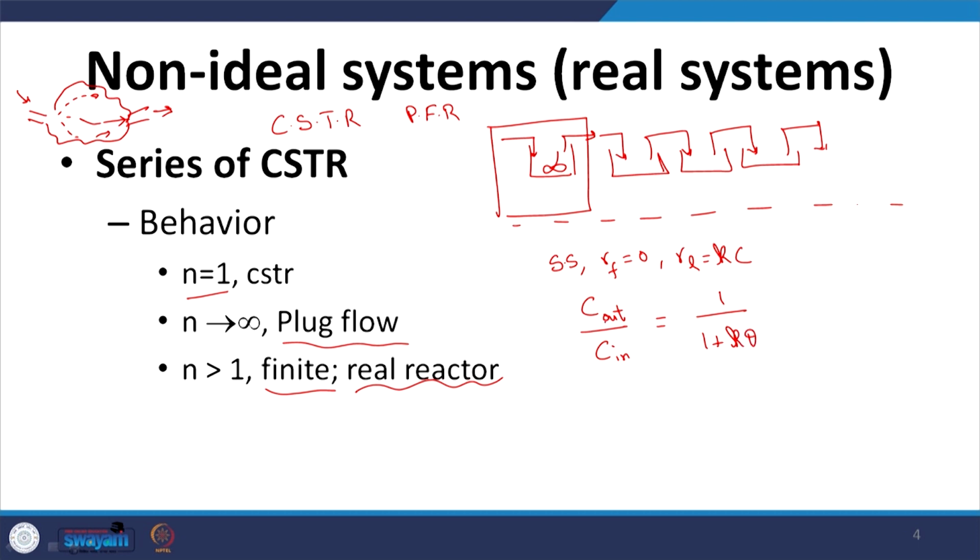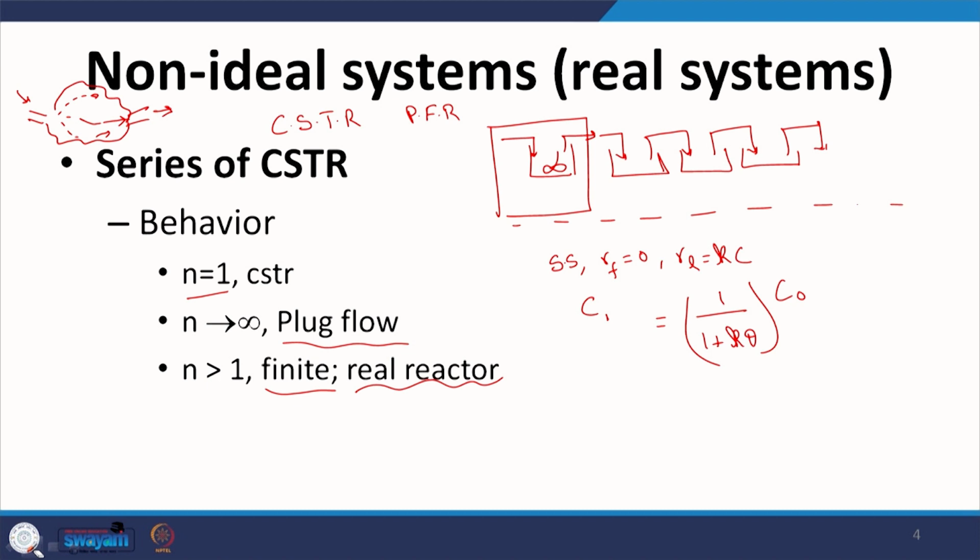Let me rewrite it so that I can use it for my case. I will write C1 as the out and C naught as the inlet. Taking this term out, C out, which I am calling C1, is going to be 1 by 1 plus K theta into C naught. That is fine when I have just one reactor here, right.